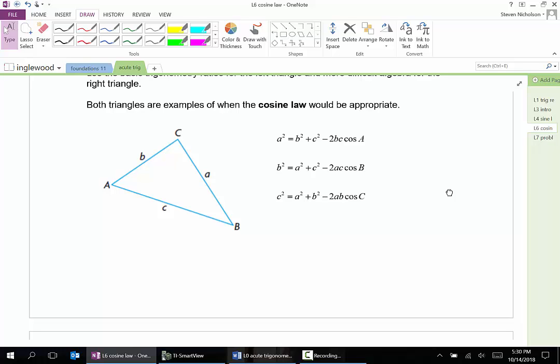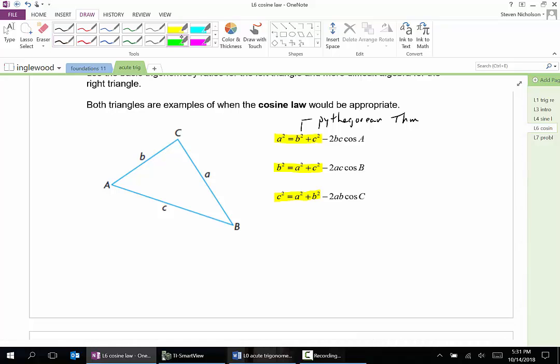You'll notice a pattern. They all have a squared, b squared, c squared, and then they all have minus 2 something something cos of something. In each one, you should see the Pythagorean part. And the Pythagorean theorem only works when you have a right triangle.